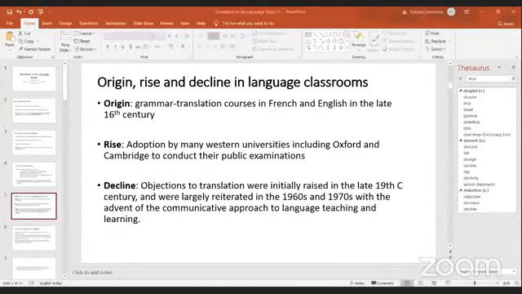And they were presented in structured sentences, which were quite artificial. The learners would study the grammar of a foreign language or a second language, and they used literary and religious texts to stabilize their language learning process. They also used dictionaries and grammar books.